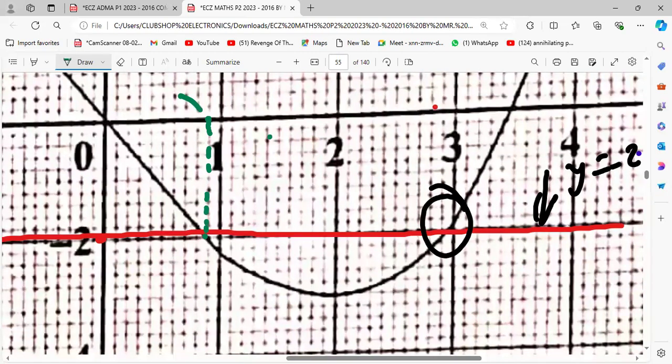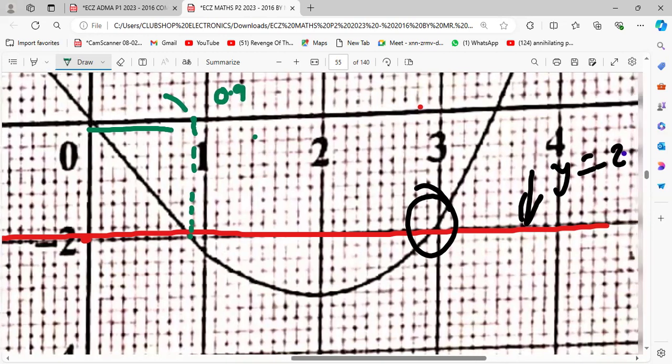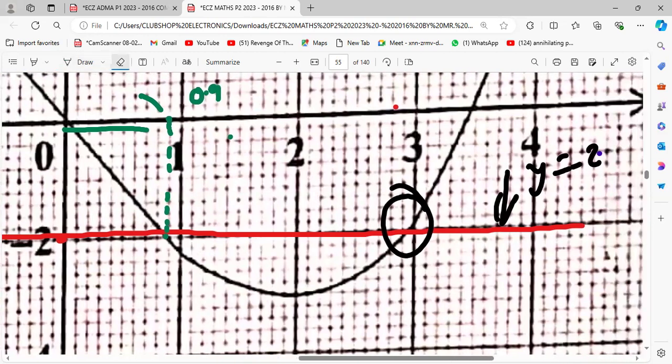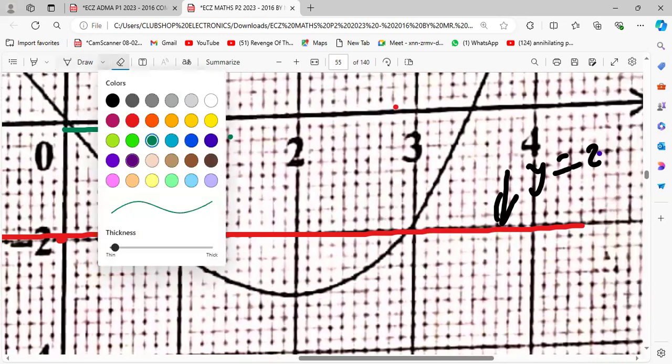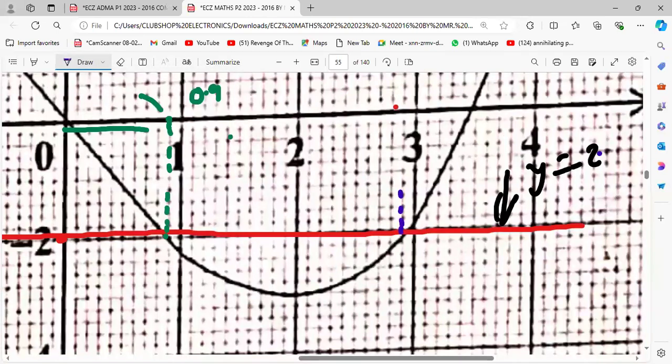Was it not 0.9? Yeah, 0.9, because we are starting from 0 on this side. Then the next one, if you check, is here: 2.9. So these are our values.